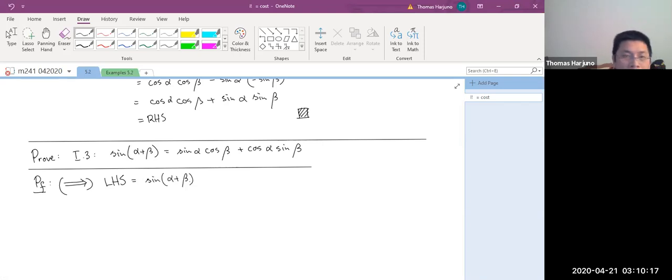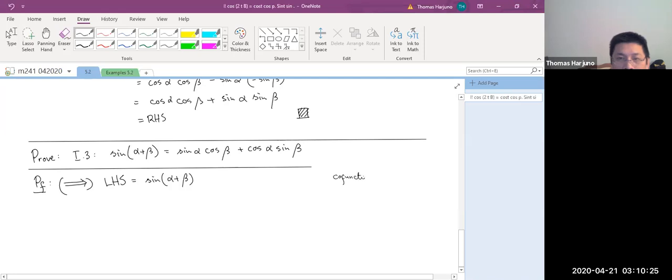Now, sine, we know from cofunction identity that sine x equals cosine 90 degrees minus x, right? The cofunction identity.